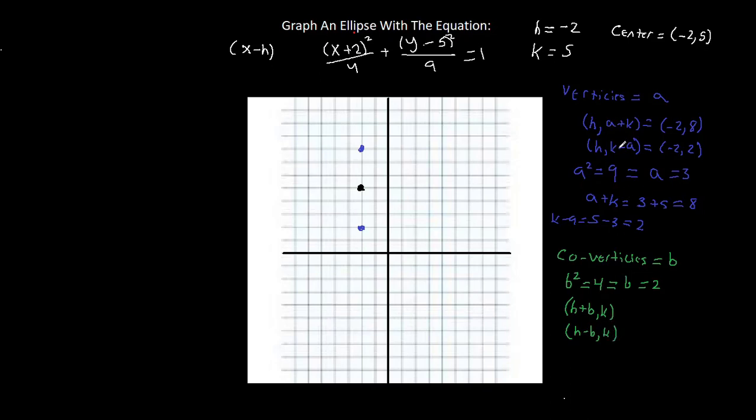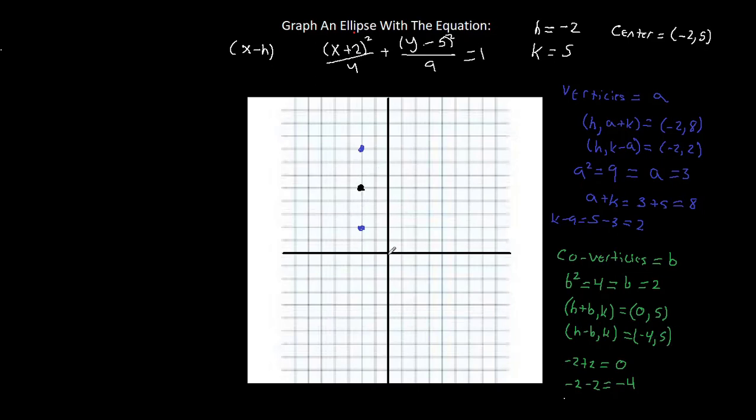It looks similar to the vertices up here, except we switch the x for the y. Our b is 2 and our h is -2, so -2 plus 2 is equal to 0, and -2 minus 2 is equal to -4. So this is going to be 0, 5, and this one is going to be -4, 5.